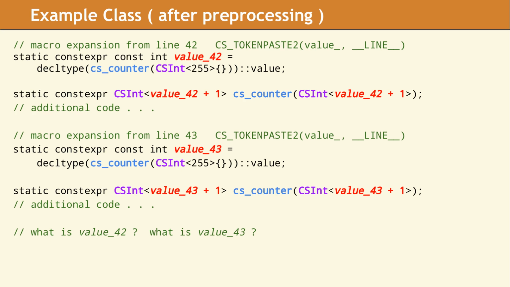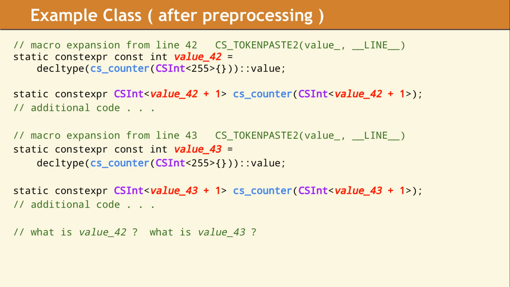Then on the following line, we declare an overload of the CSCounter method that takes a wrapped integer and returns a wrapped integer. Then you'll see that the declaration of value 43 is exactly identical to the declaration of value 42, as is the subsequent declaration of the CSCounter method.